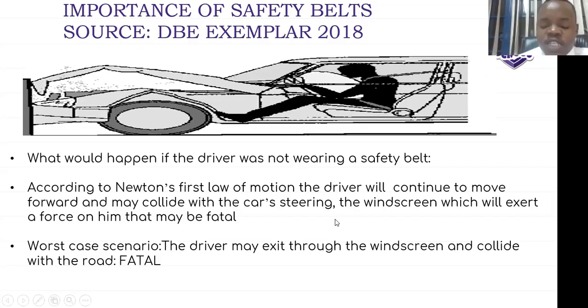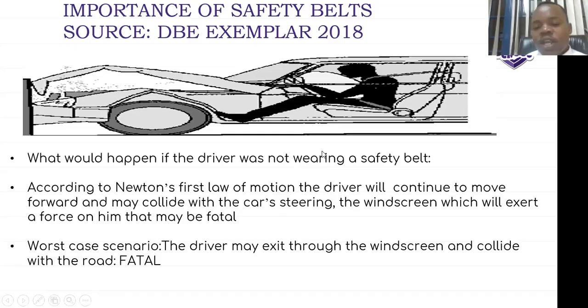So if we wear safety belts, it means as we move forward, because the body was continuing to move forward, then the safety belt will apply a force that opposes the forward motion, and then it will bring the driver back to the original position before he or she even hits the windscreen.